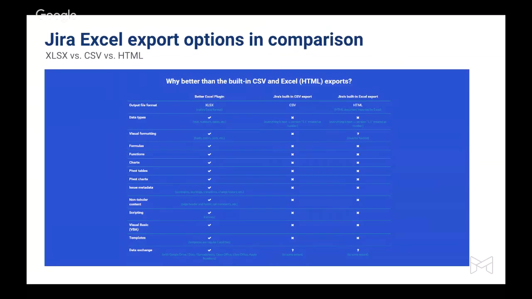And finally, it also allows you to flawlessly transfer Jira data to other spreadsheet programs like Google Sheets or OpenOffice. These are all features that are not available or not fully available for you if you export data with Jira's CSV export or the deprecated HTML export.